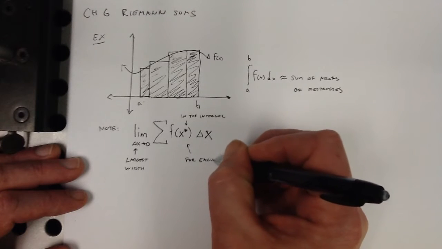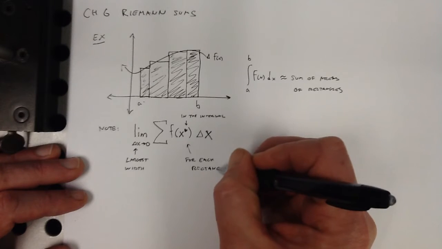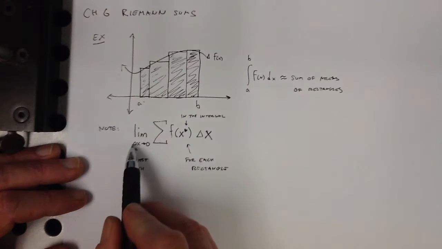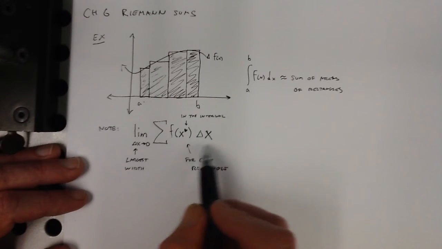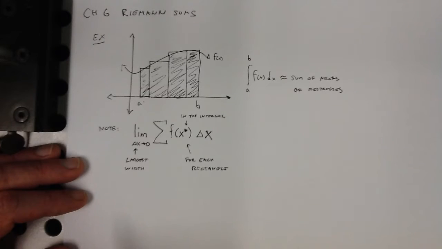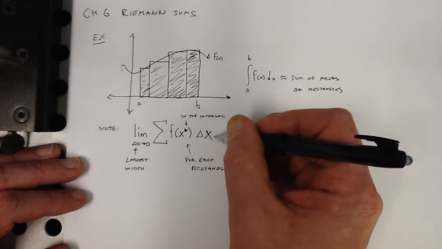So we do that for each rectangle. So the limit as delta x approaches 0, where delta x is the biggest rectangle width, and this is the area of a rectangle. This is how high the rectangle is, and this is how wide it is, right? And this is like the ith interval.